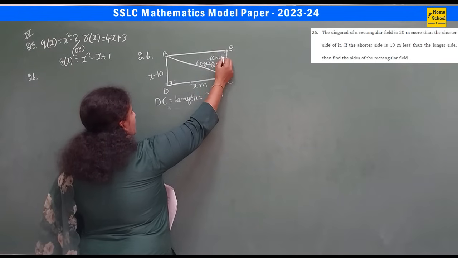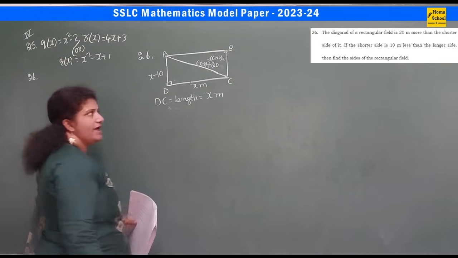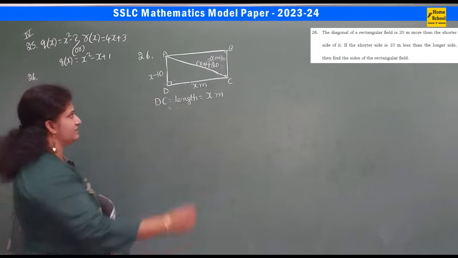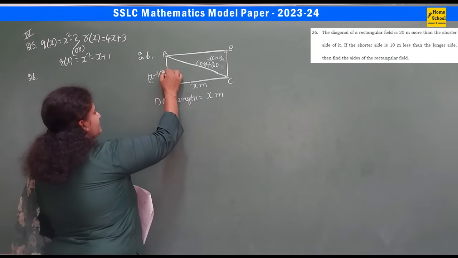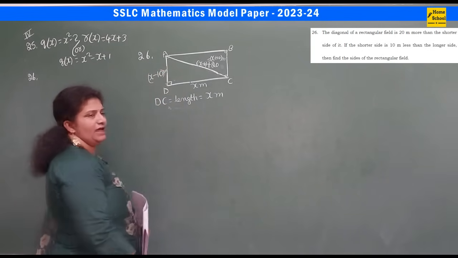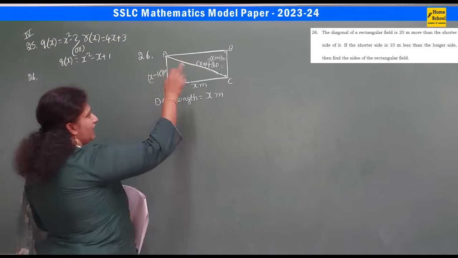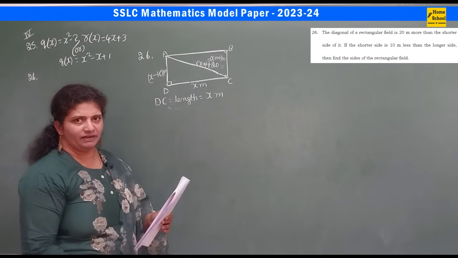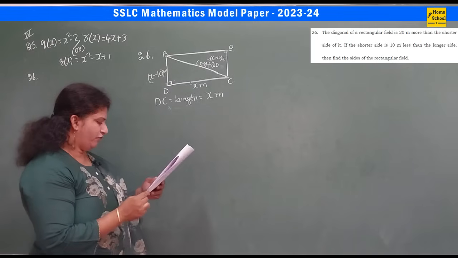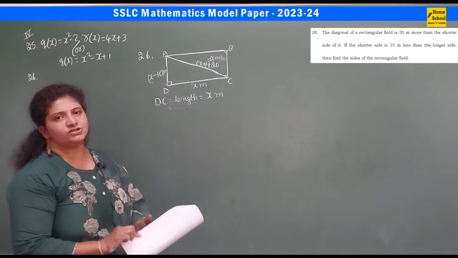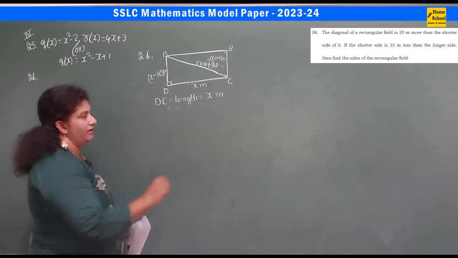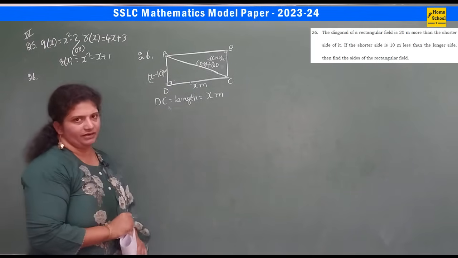Now what is the length of the diagonal here? X plus 10 meters. Breadth x minus 10 meters. Length x meters. Rectangle, all angles are perpendicular. We need to find the sides of the rectangular field, that means length and breadth.